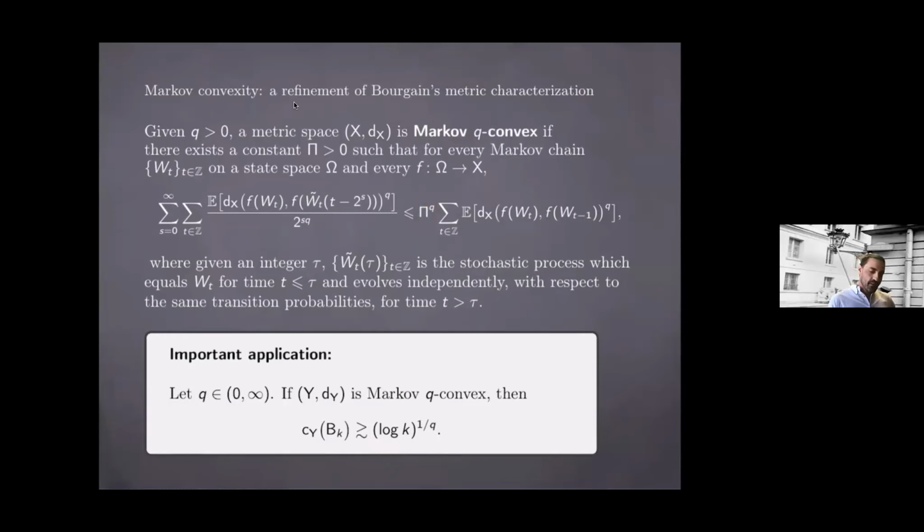And this is true because if you take omega to be the binary tree, X to be the binary tree, and f the identity function, and you take the Markov chain to be the directed random walk on the tree, this gives you almost immediately that you have this lower bound.